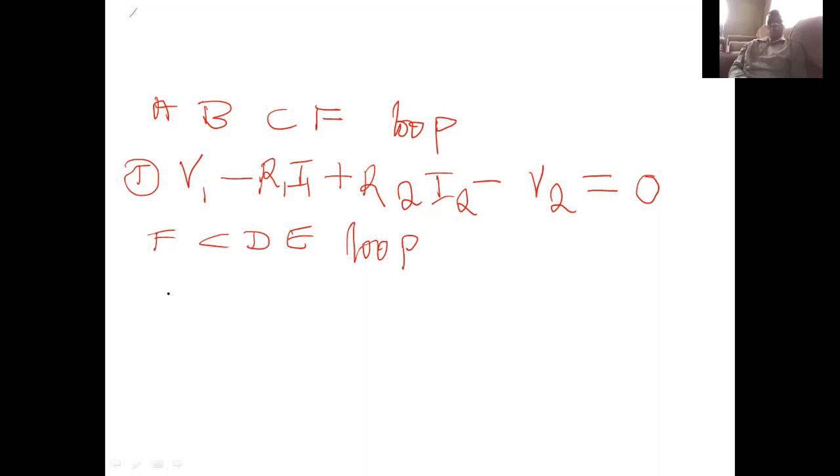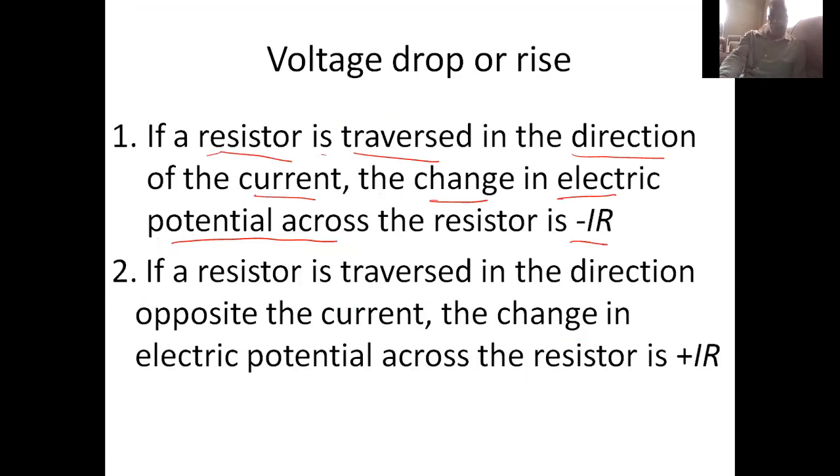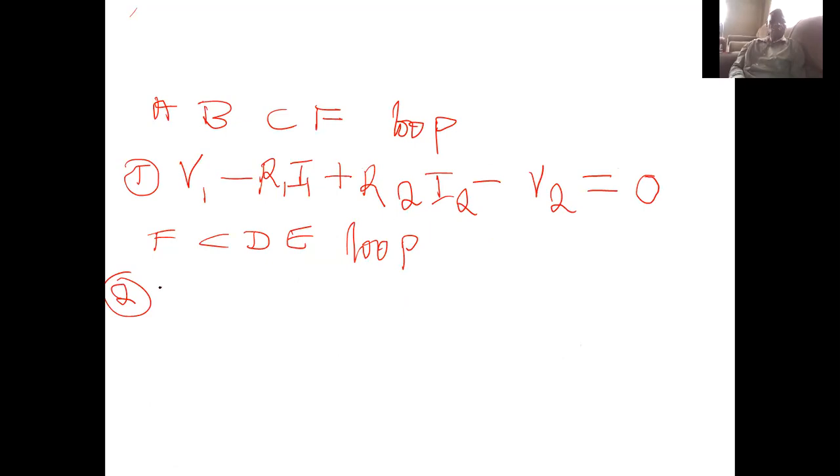And so for loop 2, we are starting from F. And so from F, you notice that if we are moving in that direction, it means that we are moving from a lower potential to high potential. This one will be positive. Negative to positive, that is actually positive. So that is V2. So we have positive V2.